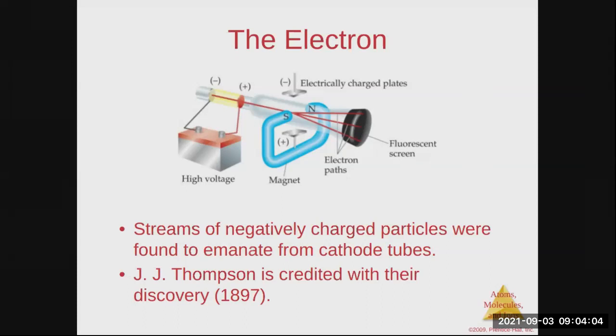Do you think they were pulled towards the positive plate or the negative plate? I'll give you a hint. Opposites attract. And so when he devised the cathode tube, what he found was that there were negatively charged particles coming out. These negatively charged particles were directed towards the positive zone. So that's J.J. Thomson and his contribution to our understanding of atomic structure.